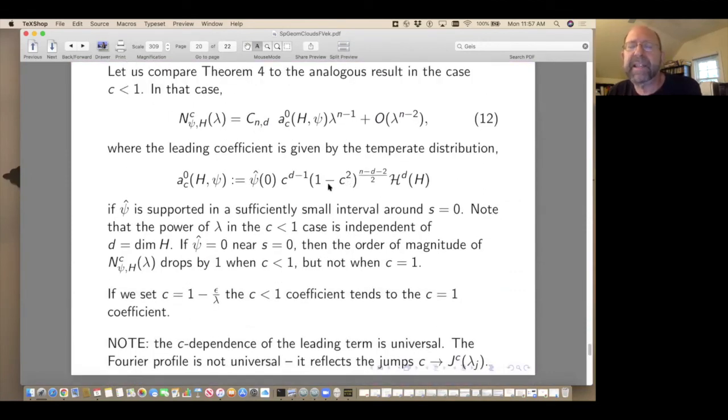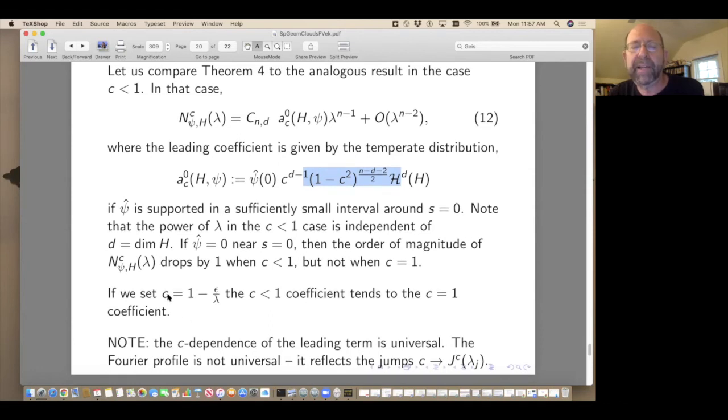It's easy to see that when c tends to 1, this coefficient does, in some sense, tend to the behavior when c equals 1. If you let c be 1 minus epsilon over lambda, then this coefficient times lambda to the n minus 1 will tend to lambda to the n plus d over 2.